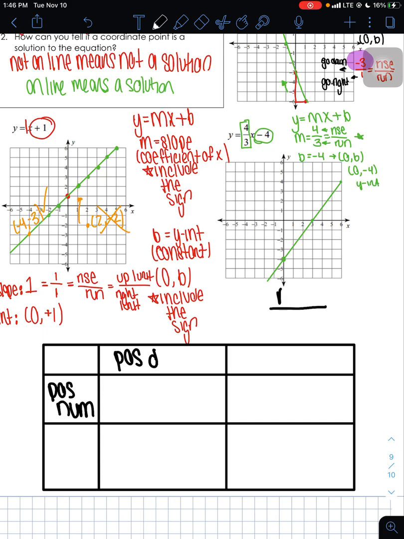So I know I have numerator over denominator, the same way I have rise over run. So that's what I mean. I'm saying the numerator is going to be positive. So that would be the top number. And then that should have been denominator actually.